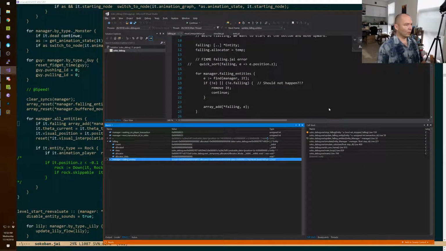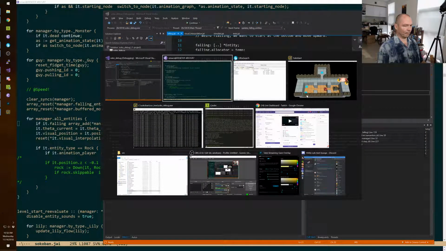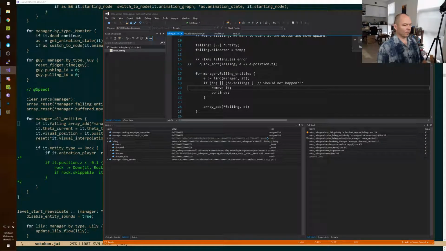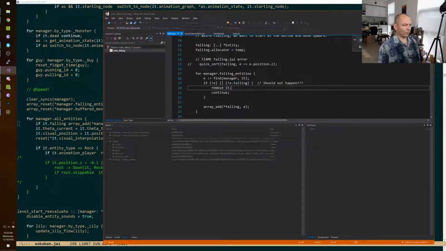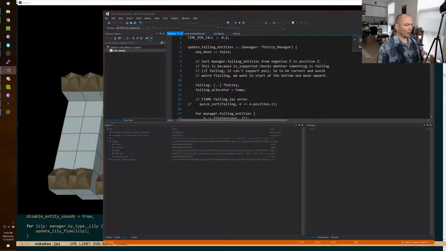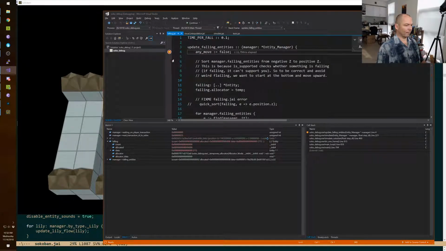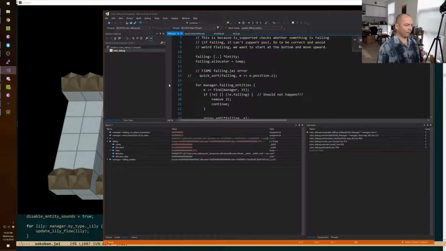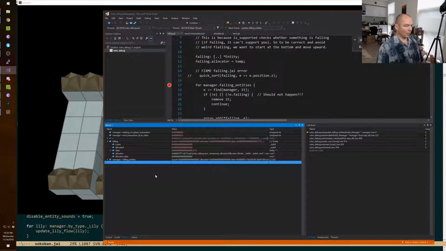Well, let's see. Let's look at update falling entities. Okay, we already have 2 falling entities for some reason.